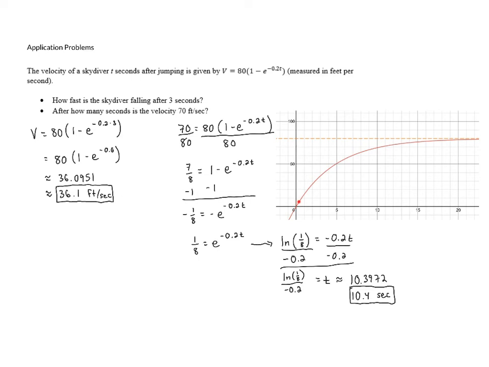But then as they fall, their velocity gets higher and higher. But there's a maximum velocity that that person will reach, and that's because the wind resistance gets higher and higher as they fall, and there is a terminal velocity.